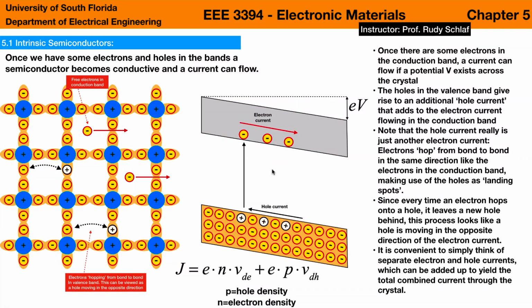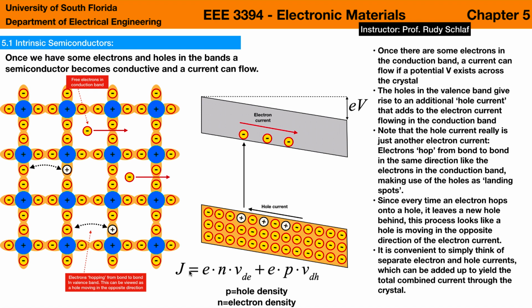Now once we have electrons in the conduction band and holes in the valence band, we can pass a current through the semiconductor. It has become conductive. That we see here schematically. There is a potential now across the semiconductor. Electrons will move downhill and the holes will move in the opposite direction.